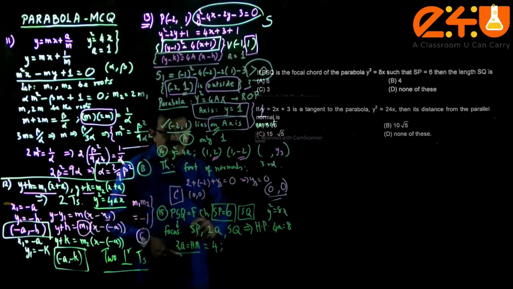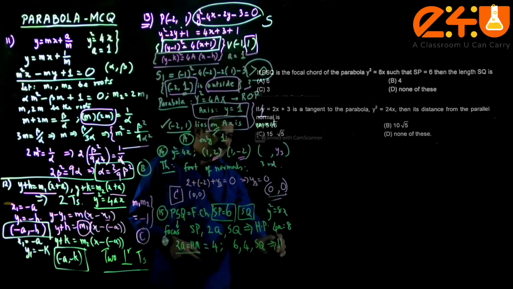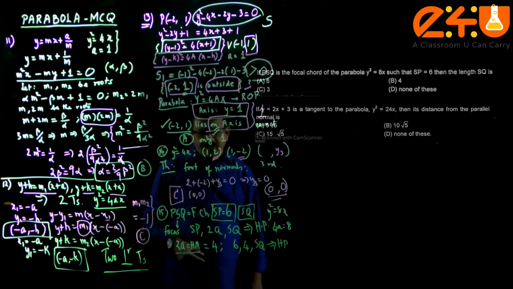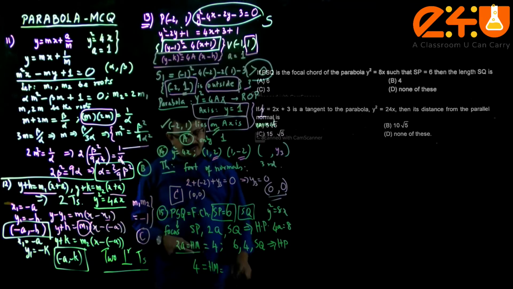Okay. So that means now let us complete. SP is 6. The middle term 2a is 4. SQ, they form an HP. And what do we understand? 4 is the middle term, 4 is the harmonic mean. I am going to apply the formula for the harmonic mean.